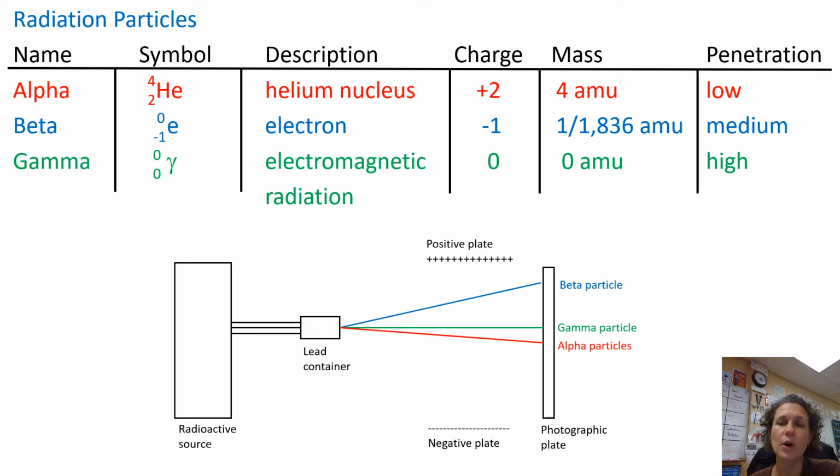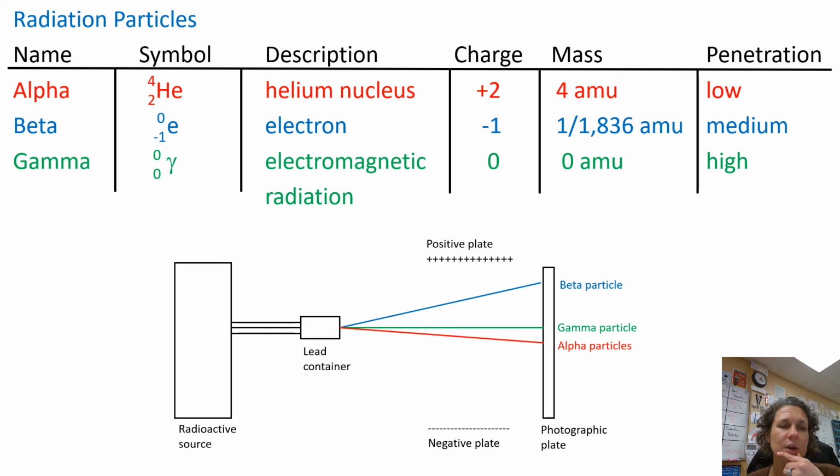Very, very small, 1 over 1,836 AMU, so very tiny compared to the alpha. It has a medium penetration power though, so it still can't get through a lot. Aluminum foil will stop beta particles. Your clothing will still stop it for the most part. So again, not super duper dangerous.